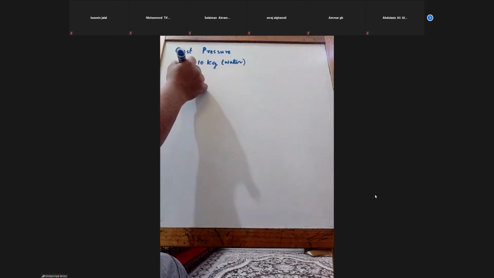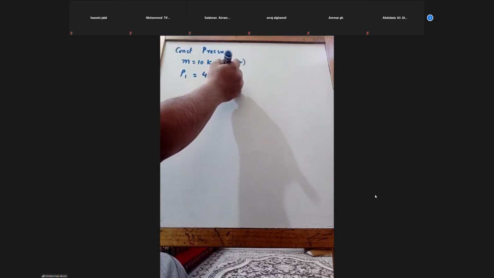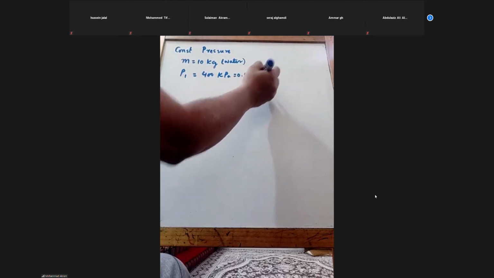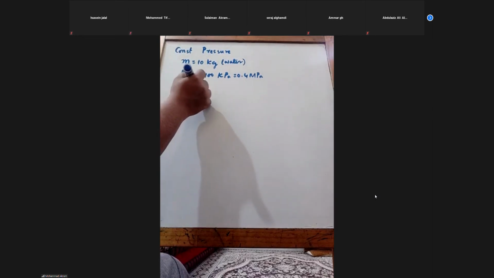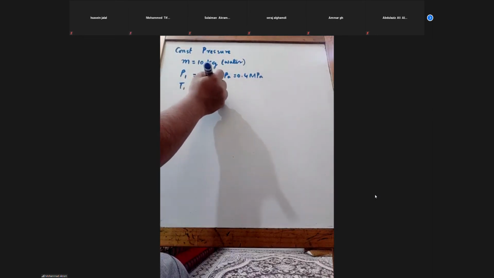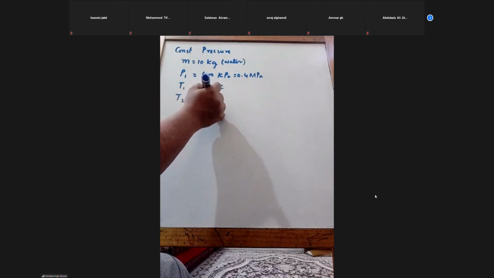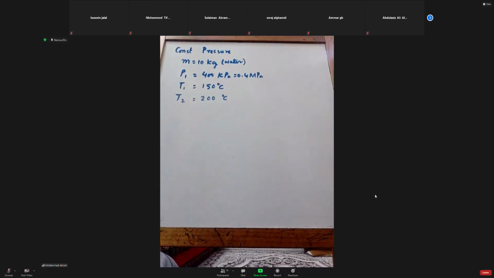The initial pressure is 400 kilopascal, or we can say 0.4 megapascal. Am I right? Initial temperature is 150 degrees Celsius and final temperature is 200 degrees Celsius. Only this much information is given.